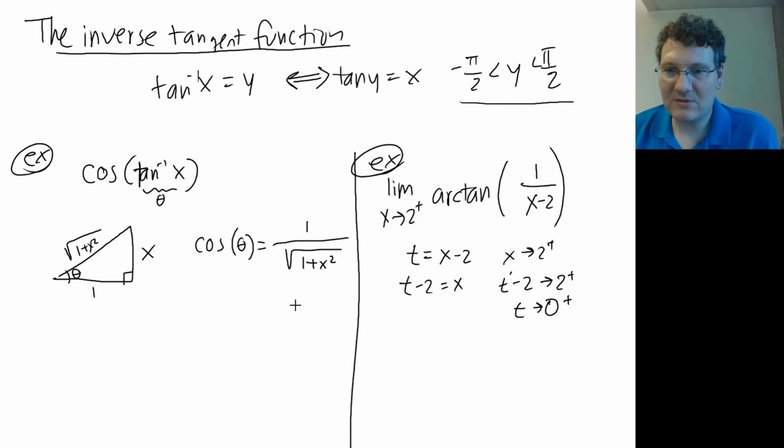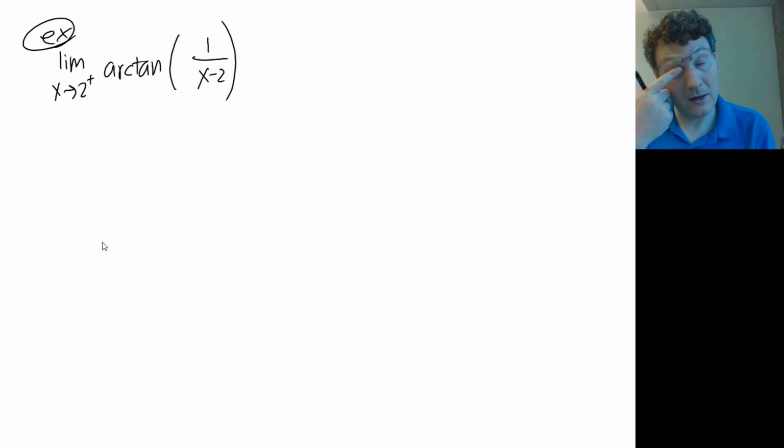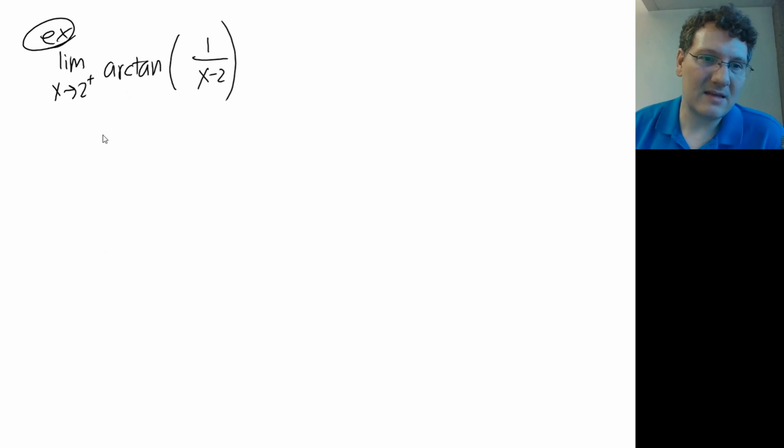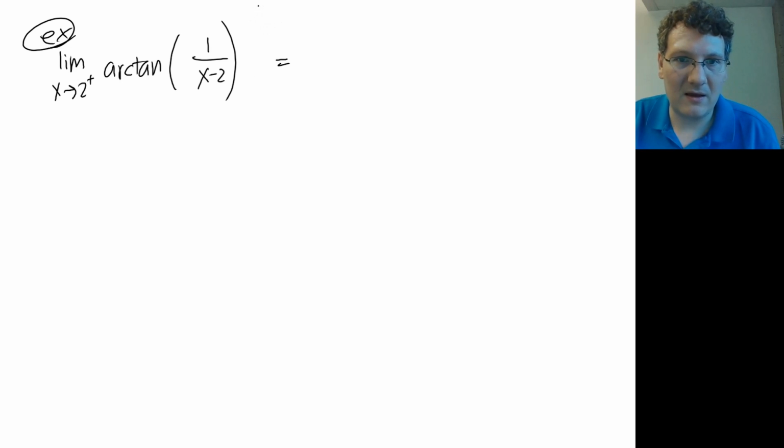Now, what happens when the arctan is going to 1 over, let's see. All right, let's take a look at this limit. The limit of the arctangent of 1 over x minus 2 as x goes to 2 from the right. Now, I would like to use a transformation where we let t be x minus 2.